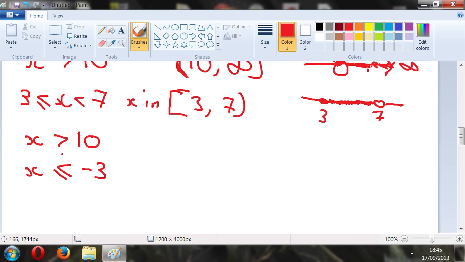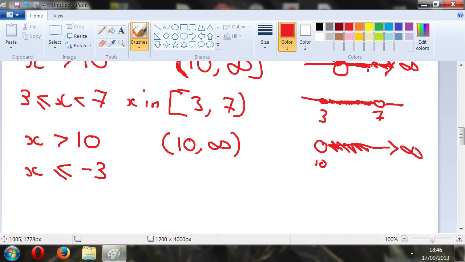Okay, so if x is greater than 10, well, we know it's going to have to be excluding. So it's going to have to be an open interval, an open interval starting at 10, and it's going to go all the way to infinity. And then we've got infinity, and it's going all the way.